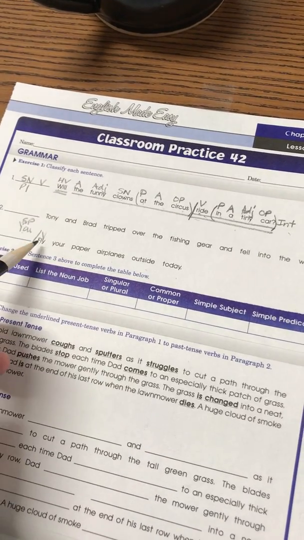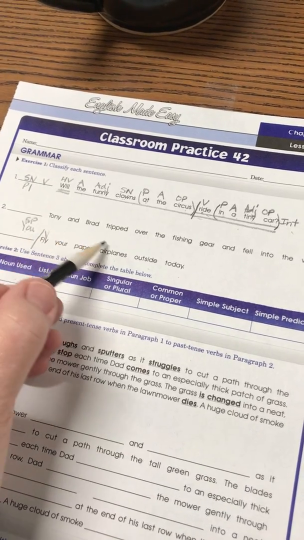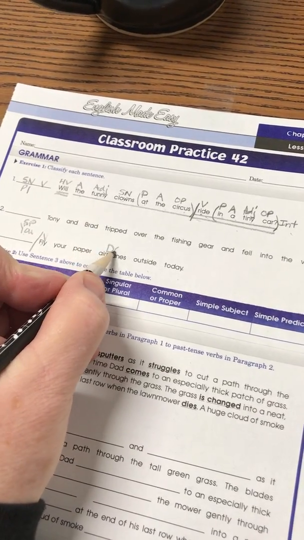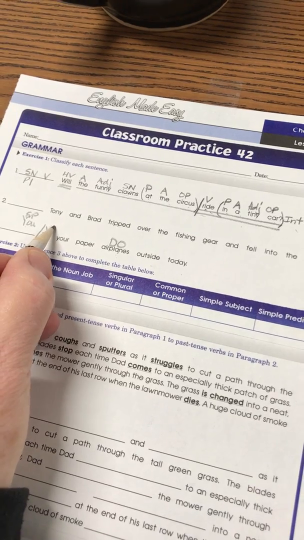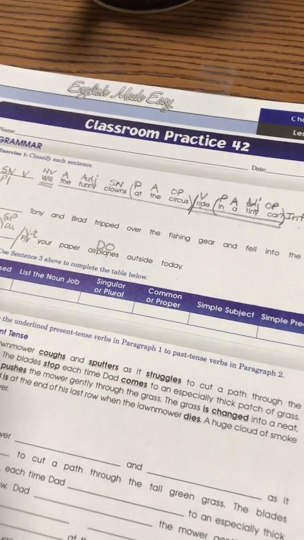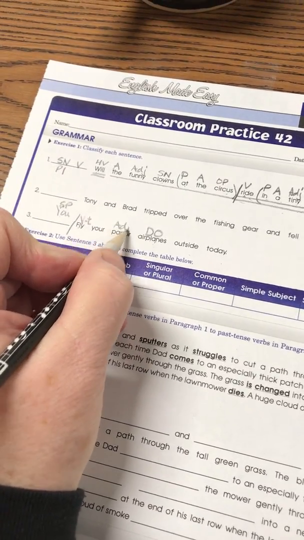Now, does it say what we are to fly? Yes, we are to fly airplanes. So airplanes is our direct object, which means we come back here and we change verb into verb transitive. What kind of airplanes will we fly? Paper airplanes. Here is adjective.